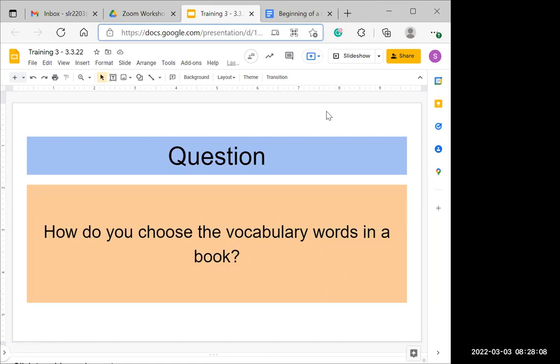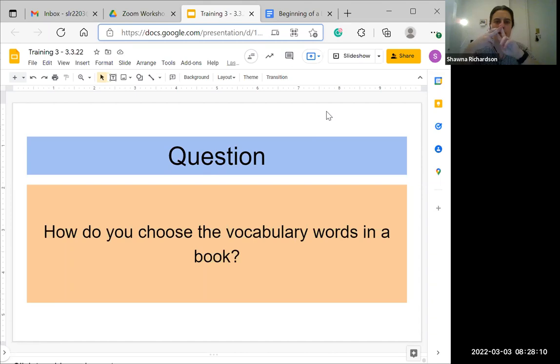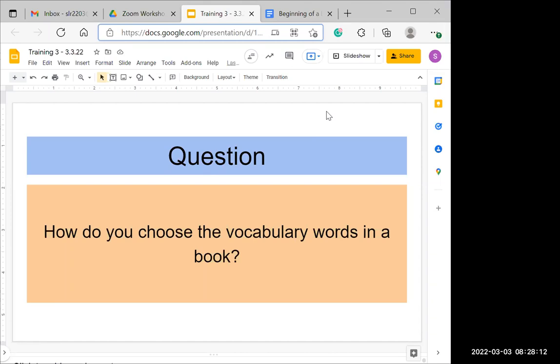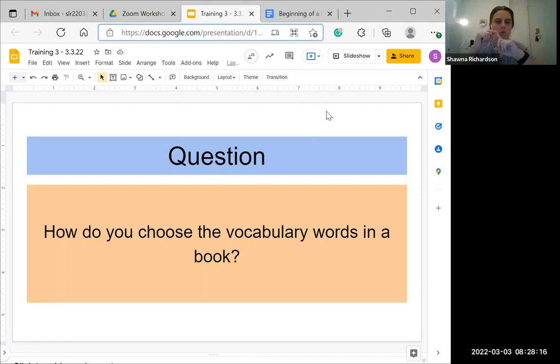Thank you, Esther. So Esther mentioned two ideas about how to choose vocabulary words. The first idea is words that are repeated many times in the storybook. Sometimes there's a word that you hear over and over, and you want your students to know what the word is. Or the second one is words that are very difficult.